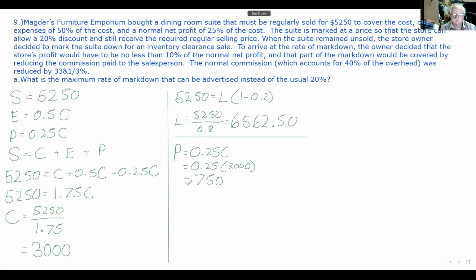And so the reduced profit equals 10%, so 0.1 times 750.